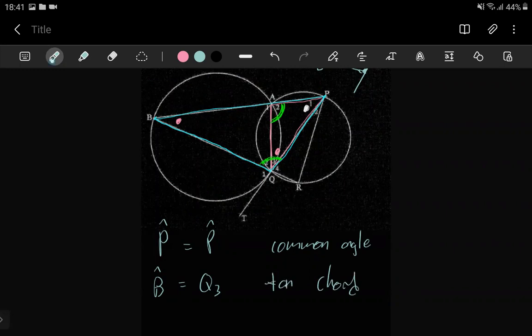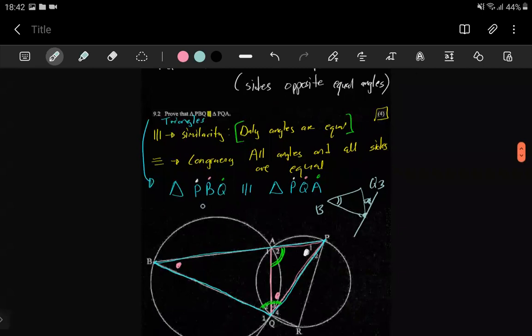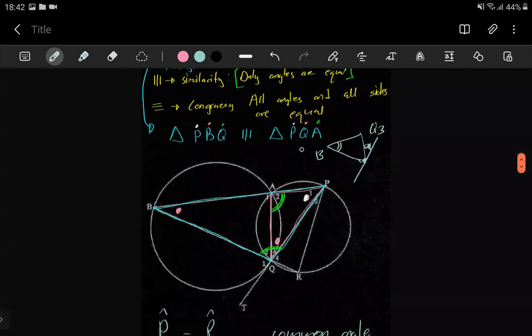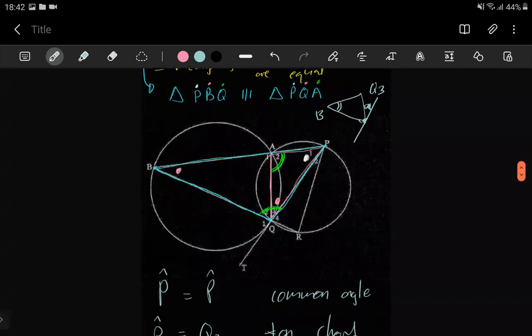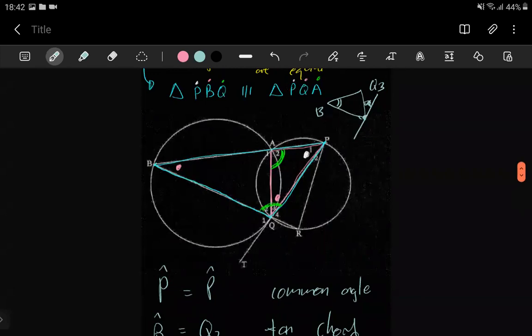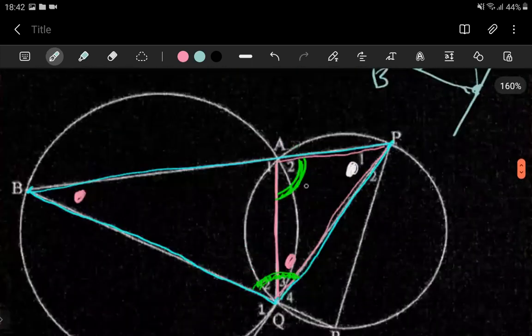Now the good news is, this is something you can remember. Anytime you've shown that two pairs of the angles are equal, the third ones, you can automatically say they are equal because of interior angles of a triangle. You don't even need to find a reason. Here, you can now say A2 is equal to angle BQP. So A2 is this green part over here, right?